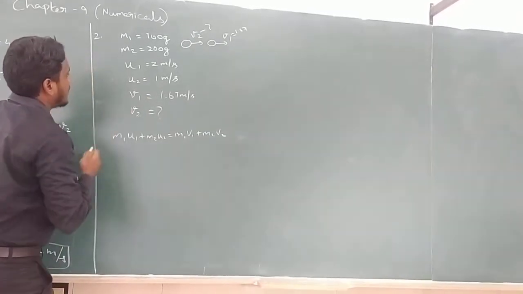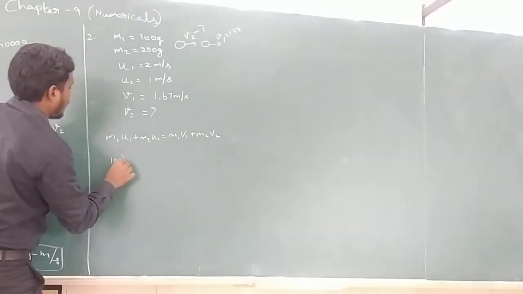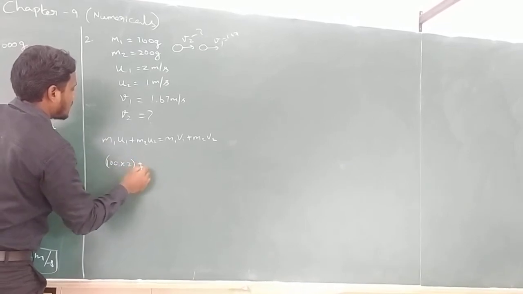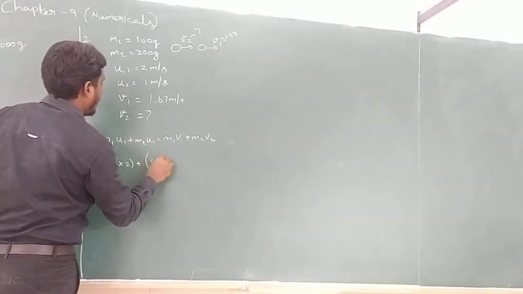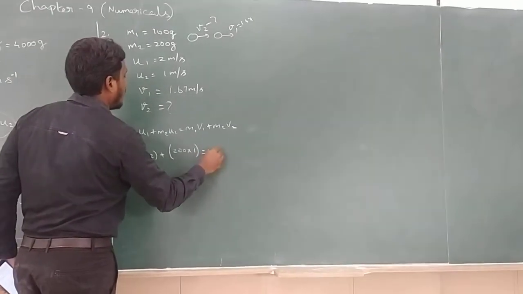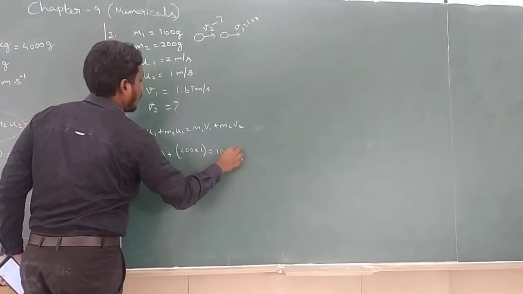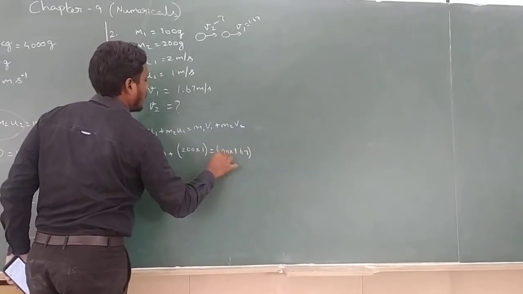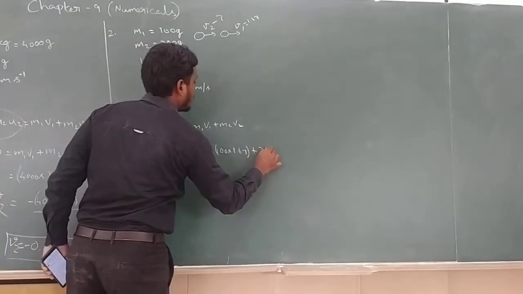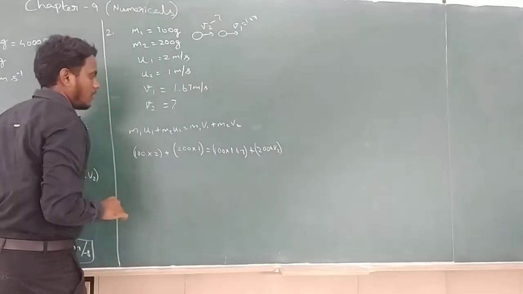We just have to substitute the values: m1 100 into u1 2 plus m2 200 into u2 1 equal to 100 into 1.67 plus m2, 200, into v2.